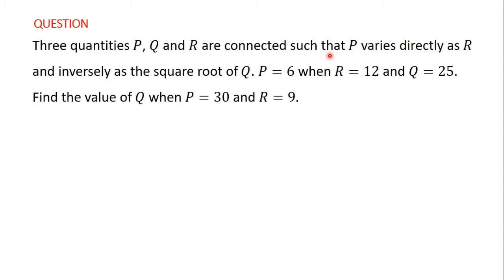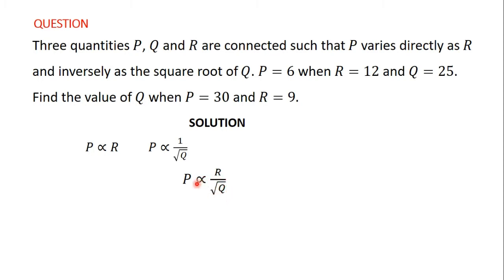The connection is such that P varies directly as R and the same P varies inversely as the square root of Q. For the first case, P varies directly as R, so P is proportional to R. And P varies inversely as the square root of Q, so P is proportional to 1 divided by the square root of Q. Since this is a joint variation, we have to join these two, and if you join them, you have P is proportional to R divided by the square root of Q.